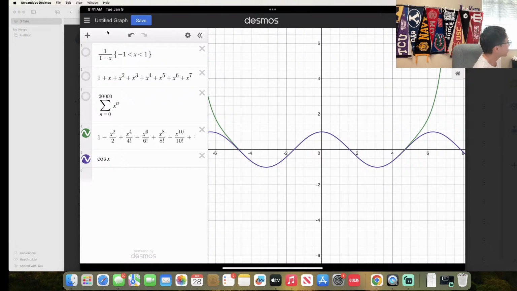It's x to the 2n over 2n factorial. Negative 1 x to 2n over 2n. So it's a power series, but is it considered Taylor series? Yeah, because you use Taylor series to prove that this is the power series for the cosine.